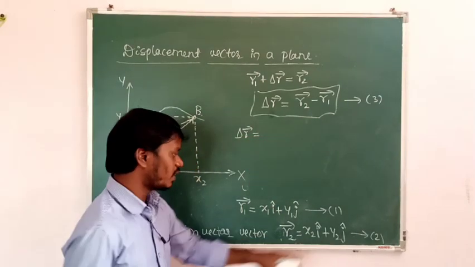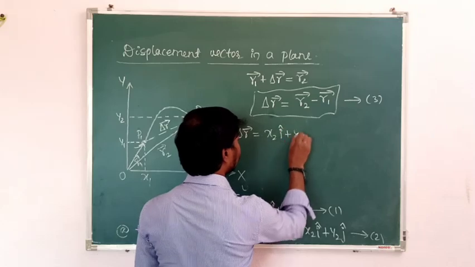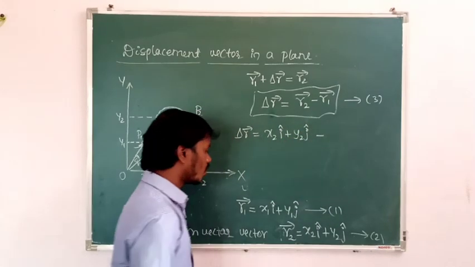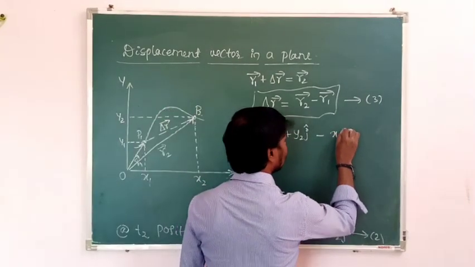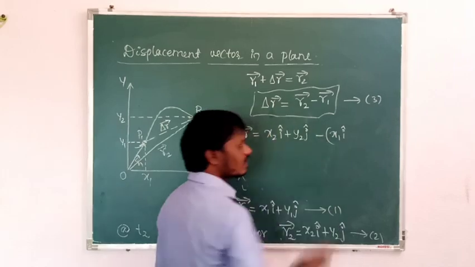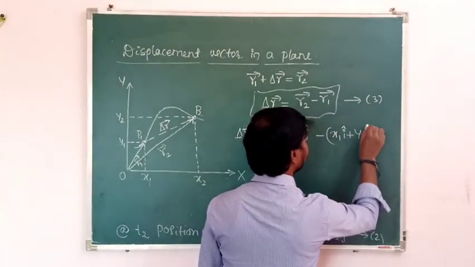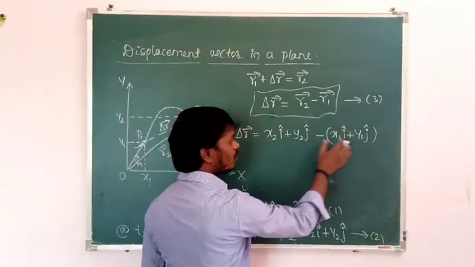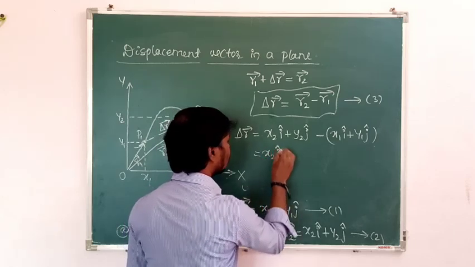This one, x2 i plus y2 j, minus, what about r1? x1 i plus y1 j. I will take that in a bracket because minus is there: x1 i plus y1 j. Then multiplying this bracket with the negative sign, x2 i plus y2 j.